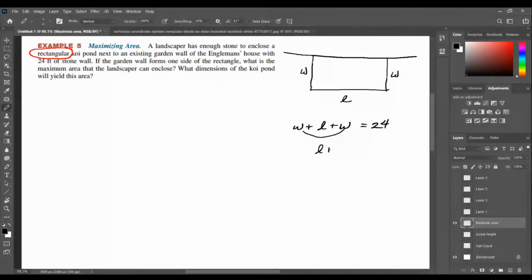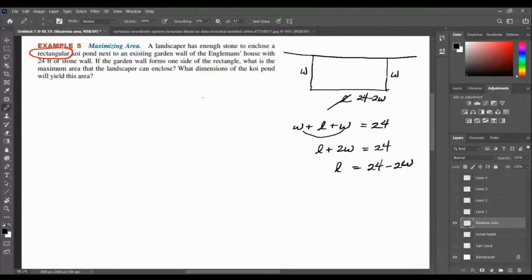I've got now L plus 2W equals 24. Subtract 2W from both sides, and L equals 24 minus 2W. So I'm going to replace this L with 24 minus 2W. Now I only have one variable. Makes it much easier to do the work.